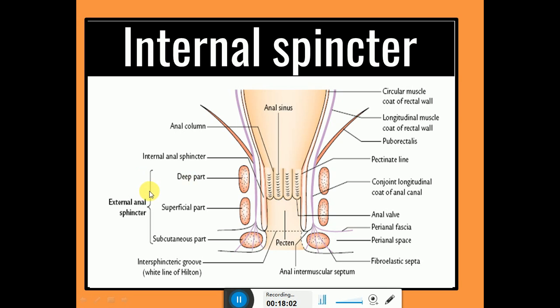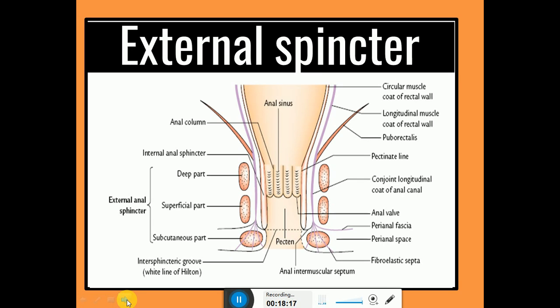This is the external anal sphincter, and it is voluntary in nature. But in this diagram, you should be able to visualize the internal anal sphincter.